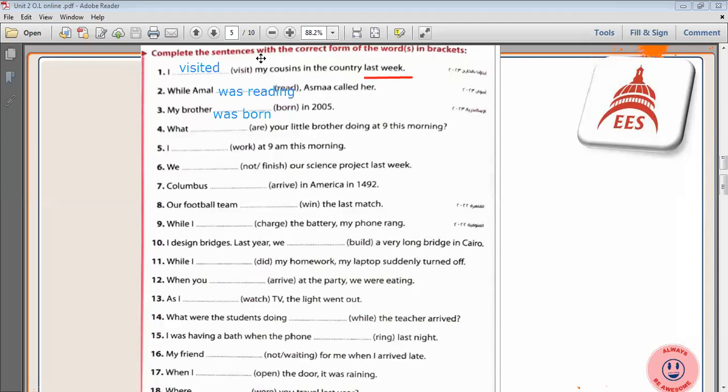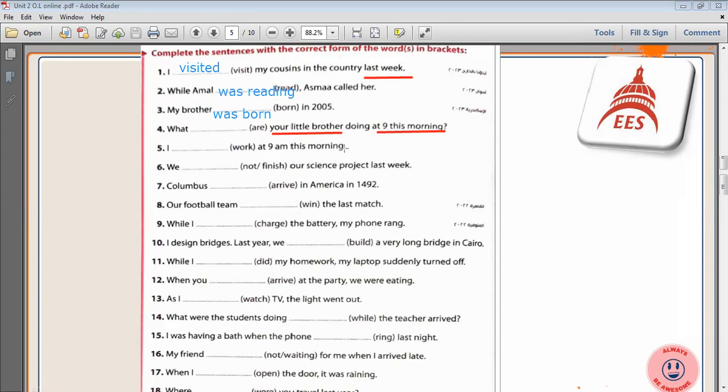What, space, your little brother? We have are, but at the same time we have at 9 this morning. It is a stated specific time in the past.